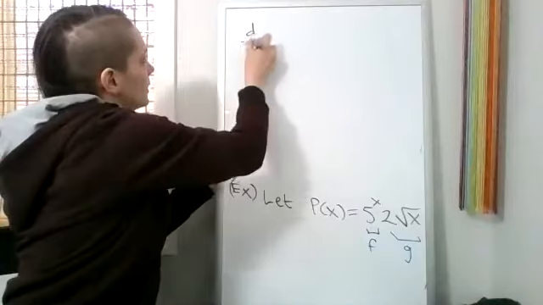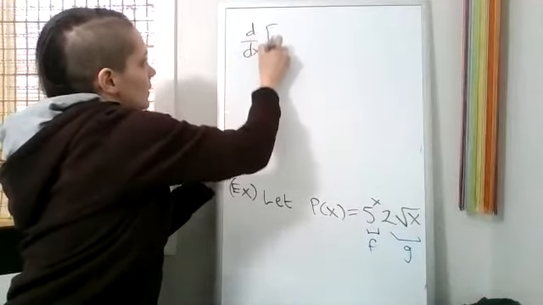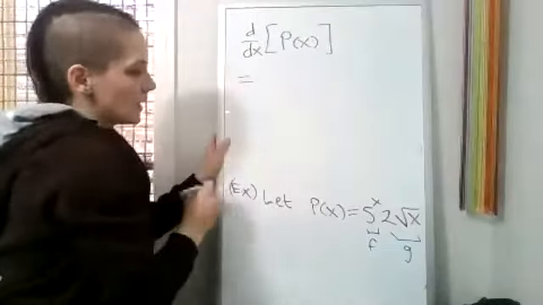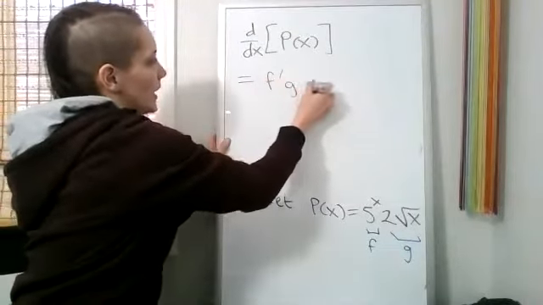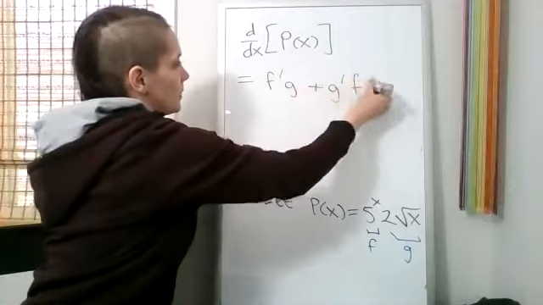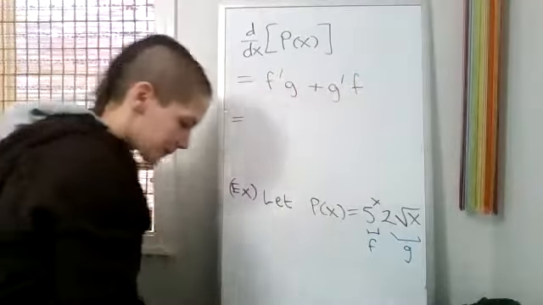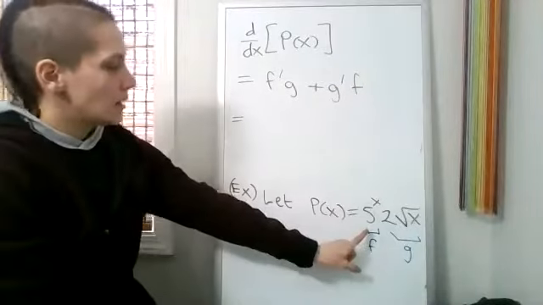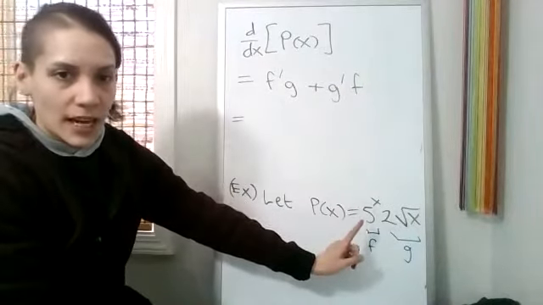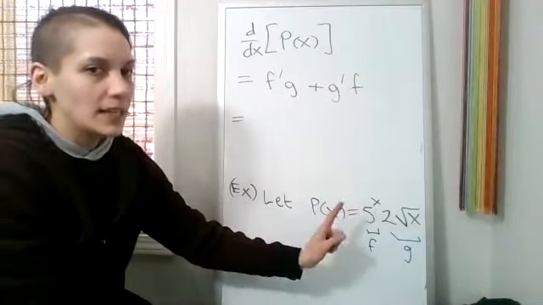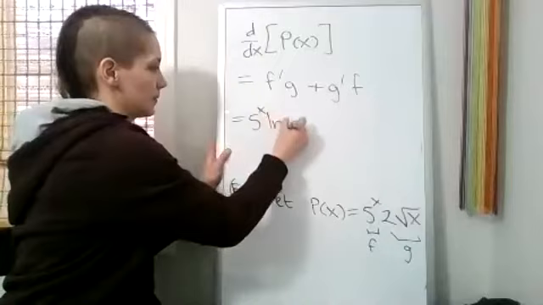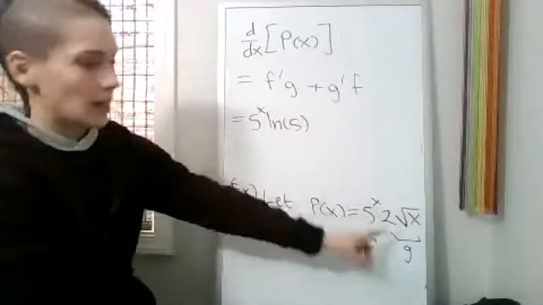We do d dx of p of x. Say f prime g, add g prime f, and do the work. Derivative of 5 to the x will be 5 to the x ln of 5, times the function g.